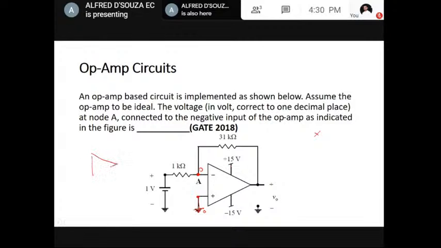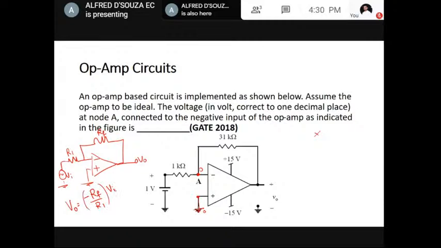An inverting amplifier looks like this. Input voltage is applied to the inverting terminal through this resistor R1 and RF. RF is the feedback resistor. In this case, the gain will be minus RF by R1.